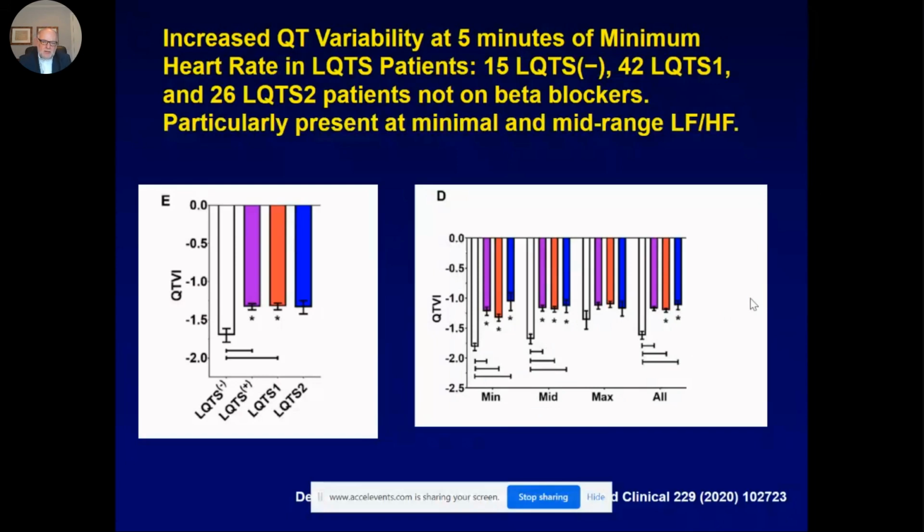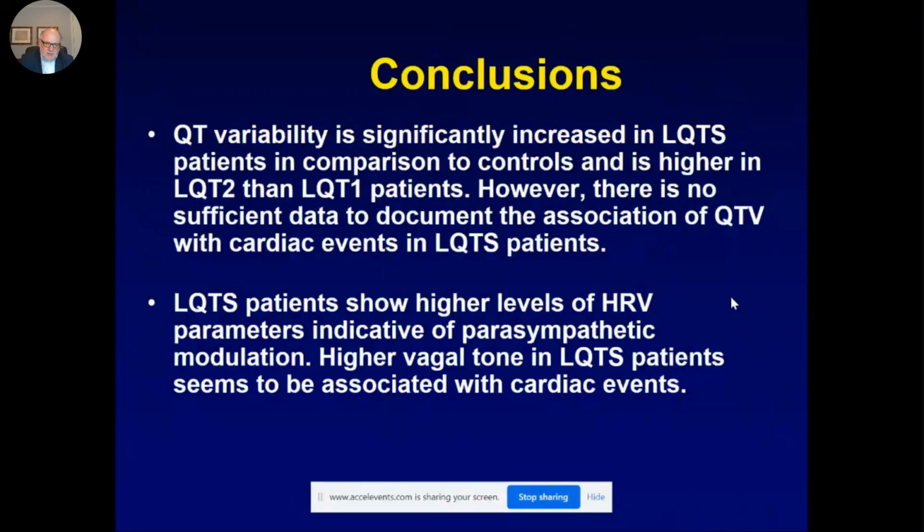So altogether, probably the interrelationship between QT variability and heart rate is of essence. In conclusion, summarizing this brief talk, I would like to state that QT variability significantly increases in long QTS patients in comparison to controls and is higher in LQT2 than LQT1 patients.